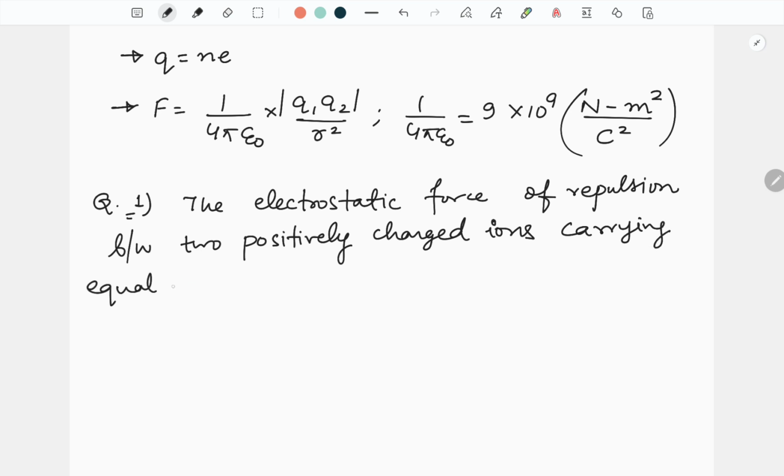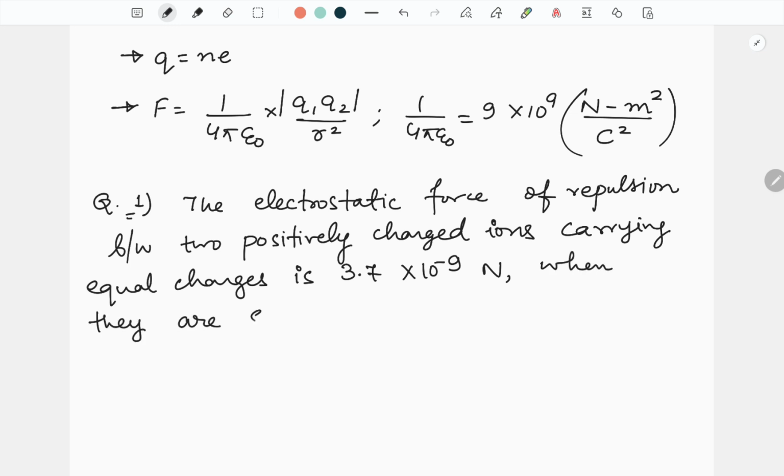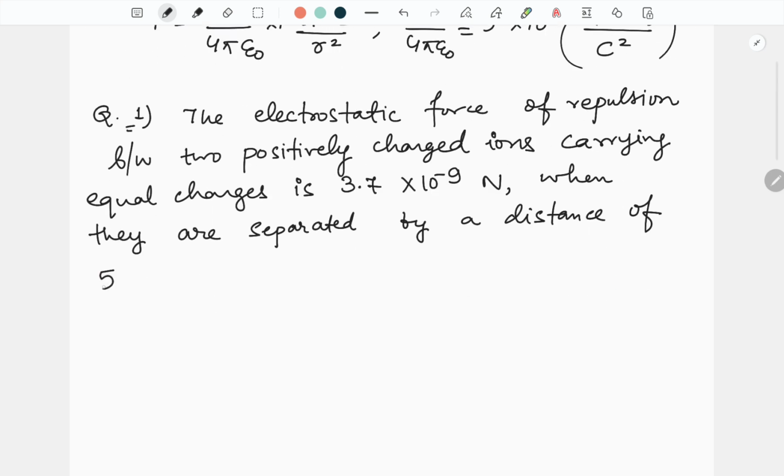carrying equal charges is 3.7 × 10^-9 Newton when they are separated by a distance of 5 angstrom.